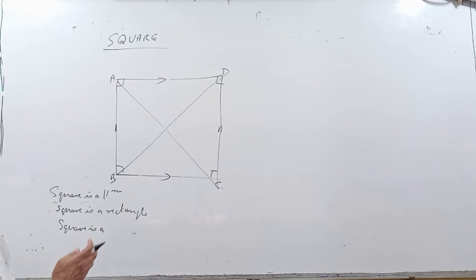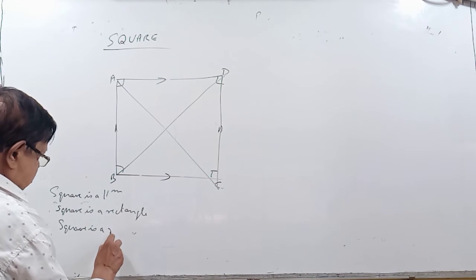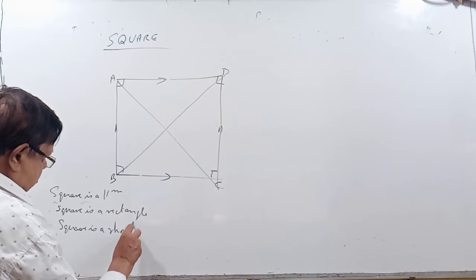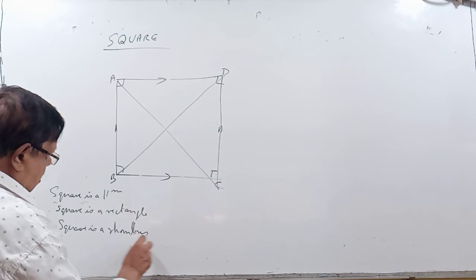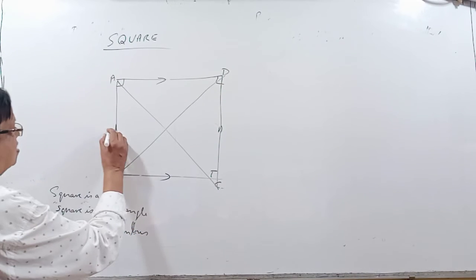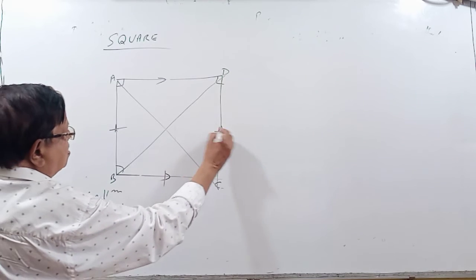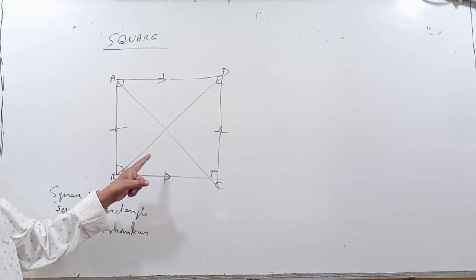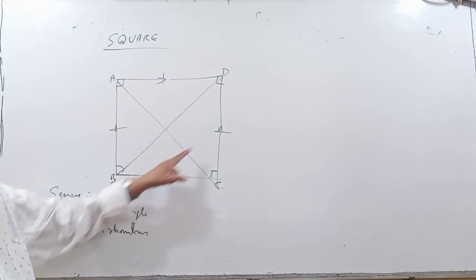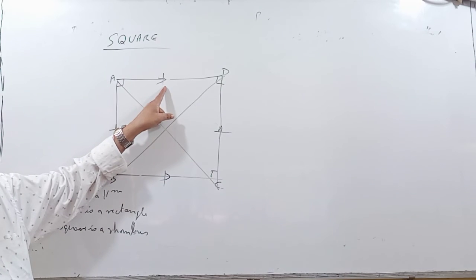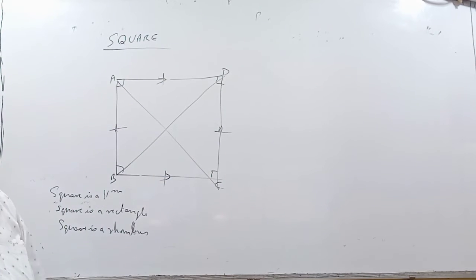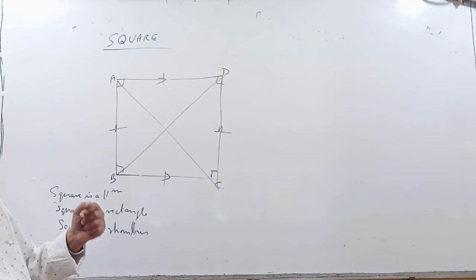Square is a rhombus, not a trapezium. Why is a square a rhombus? This side is congruent to this side, congruent to this side, congruent to this. The rhombus is what? All sides are congruent. The property of the rhombus is also there for the square. What is the property of the rhombus?